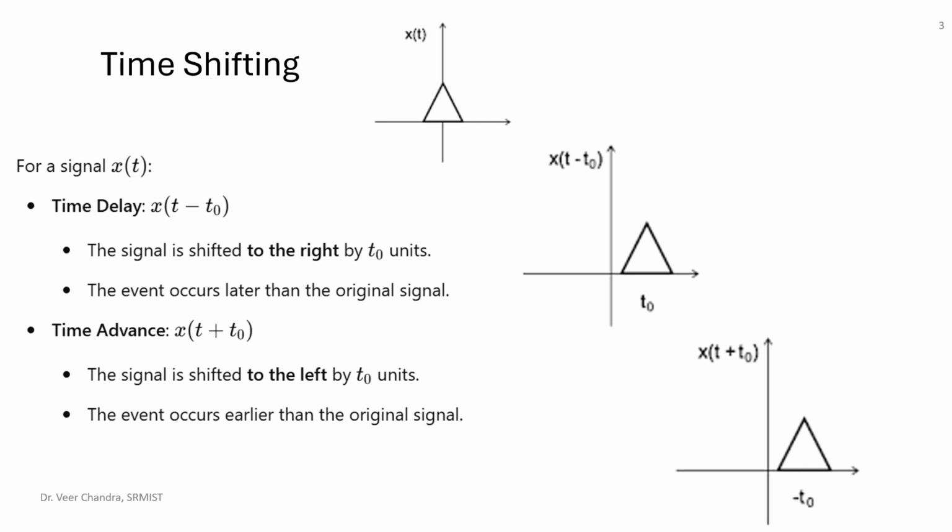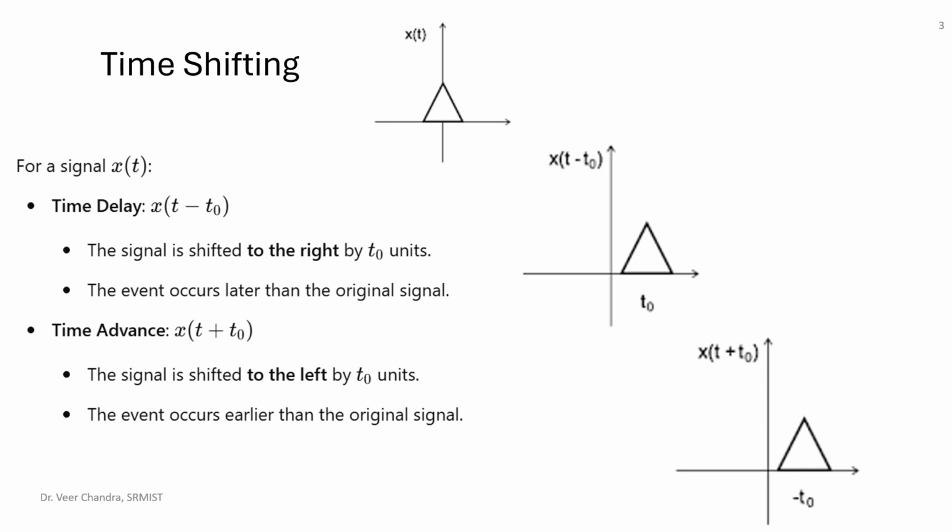Since we are shifting by some amount, here t naught, which may be any number like 1, 2, 3, t minus t naught equals 0 means t is equal to t naught. That is why this is shifting in the positive direction, as you can see in the graph.